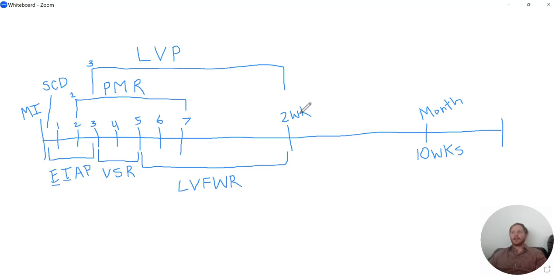Yeah. So you can have from 2 weeks to 1 month. What are two things you can have? You can have an aortic aneurysm. This is a real aneurysm. Or you can have a ventricular aneurysm.